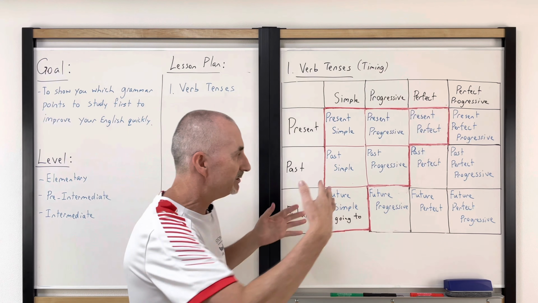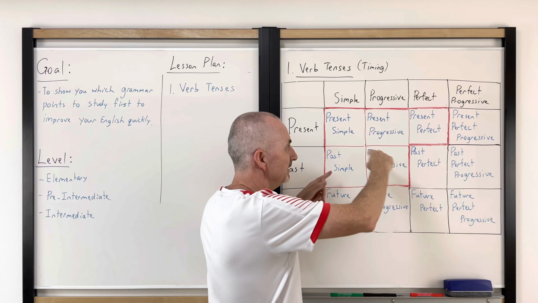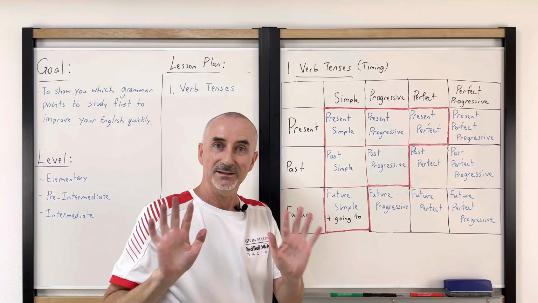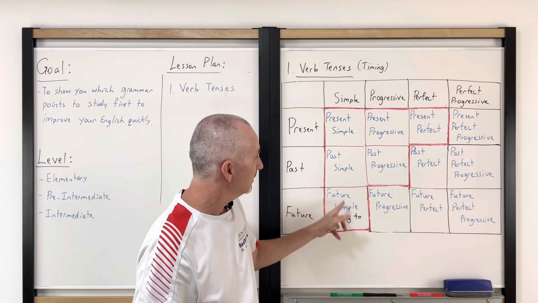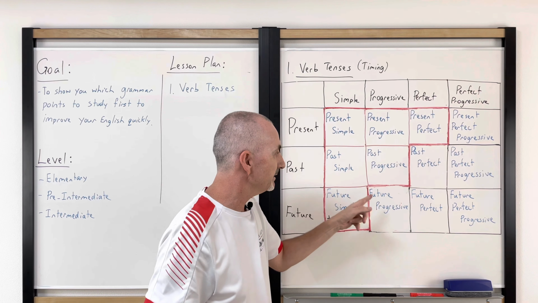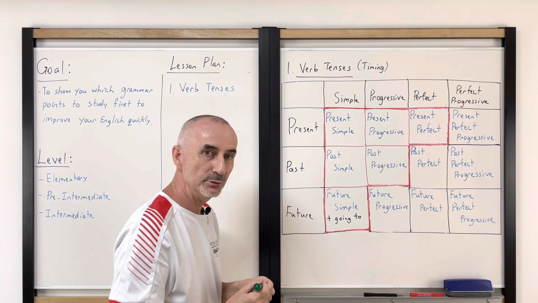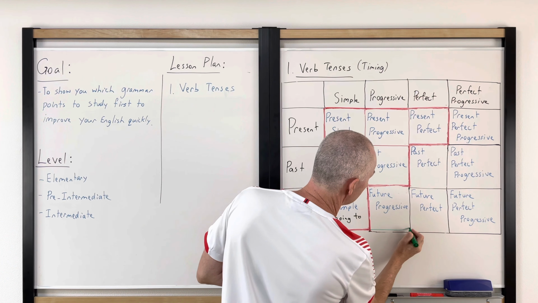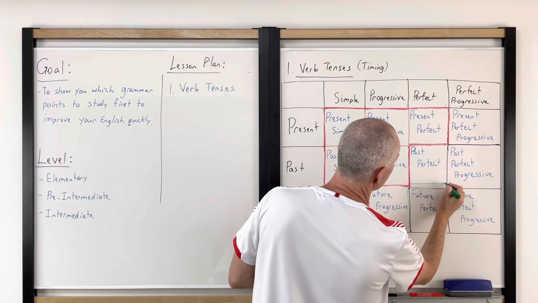So invest your time and your study effort in these tenses first. Now, if you already are comfortable with these 6 tenses, then just move to the next 3 tenses here.